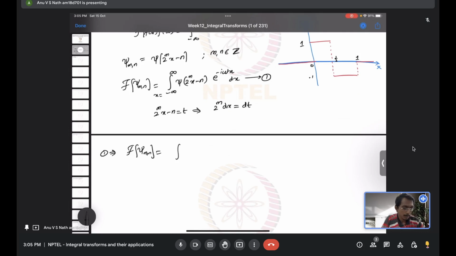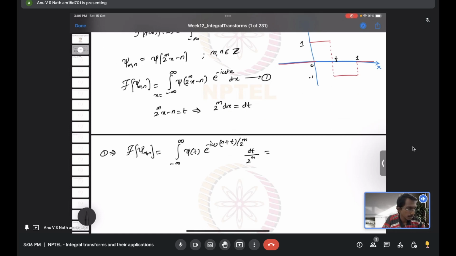Even though we have done the substitution, that is not going to alter the limits. For the variable t also, the limits will be from minus infinity to plus infinity. So it is psi of t times e raised to minus i omega x, where x is now n plus t divided by 2 raised to m, times dx, which is dt by 2 raised to m.